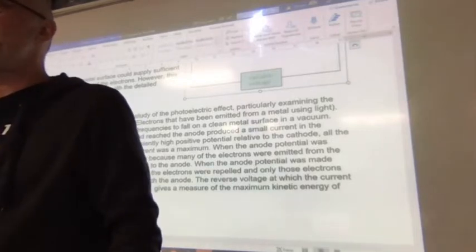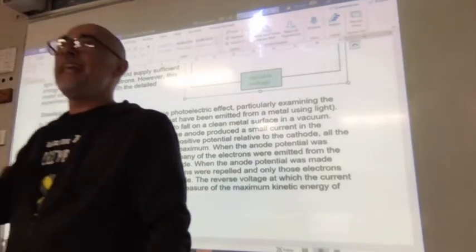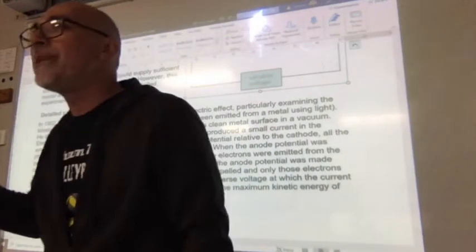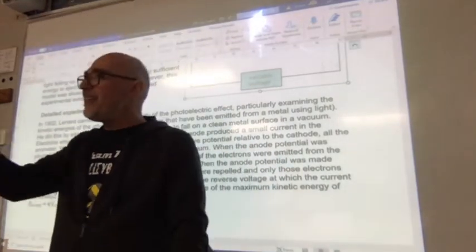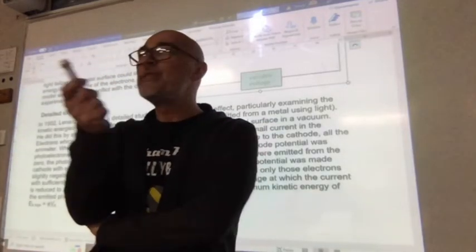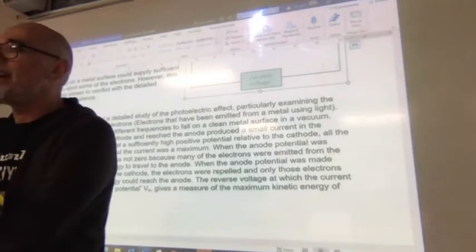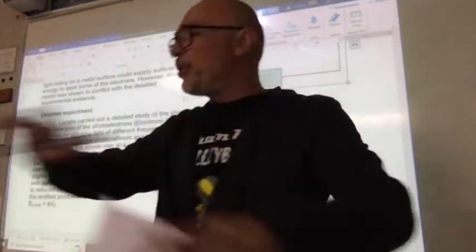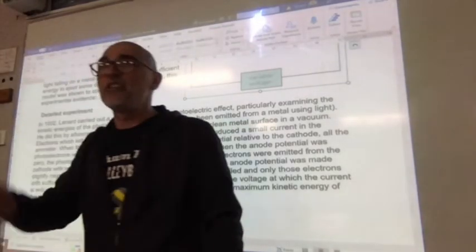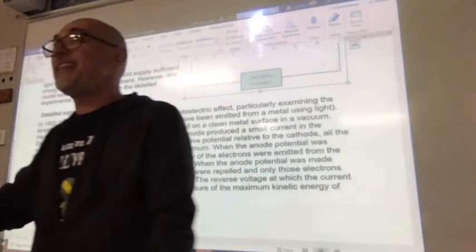No matter how much you shine or how intense you make the light, you don't get the photocurrent, you don't get those photoelectrons happening. That led to the idea that the frequency of the light was more important than the intensity of the light. If light was purely acting as a wave, then it wouldn't matter. You could just hammer the metal with any light and eventually you'd get electrons coming off. But that's not what they found.